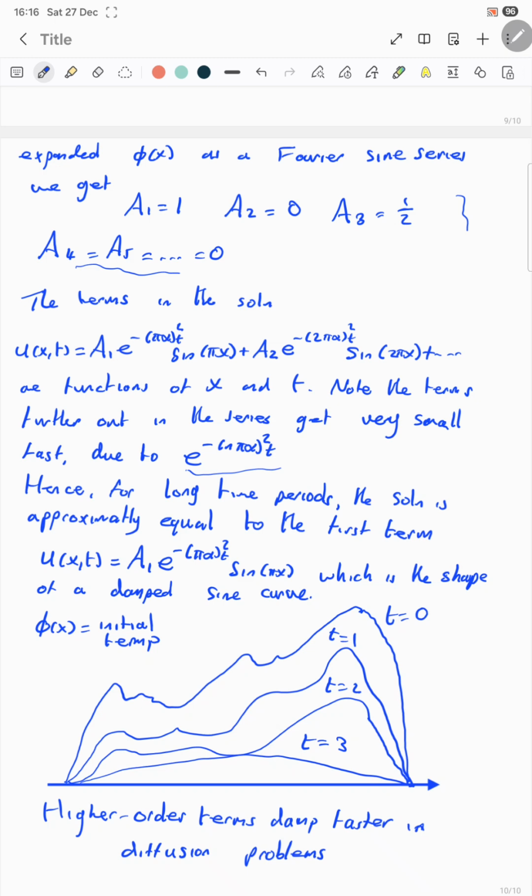Hence, for long periods of time, the solution is approximately equal to the first term here, which is the shape of the damped sine curve, where phi of x is the initial temperature. So, when graphed here, t equals 0, t equals 1, t equals 2, 3, and so on. Higher order terms dampen faster in diffusion problems.